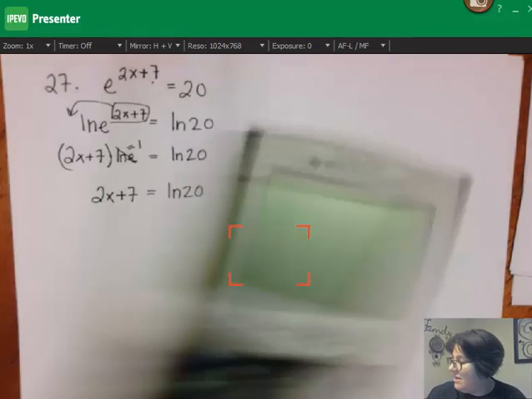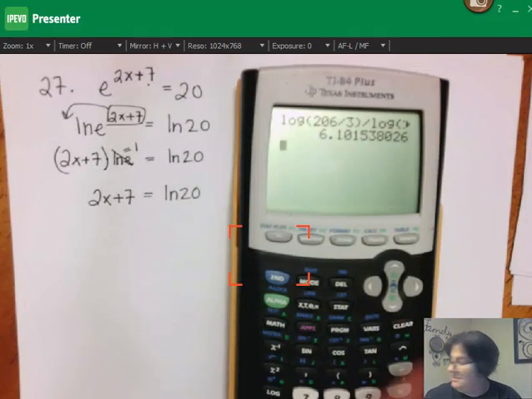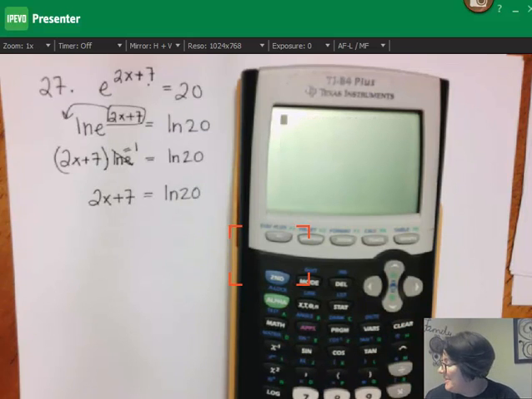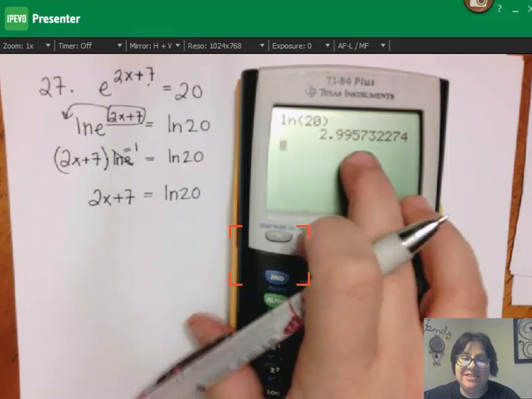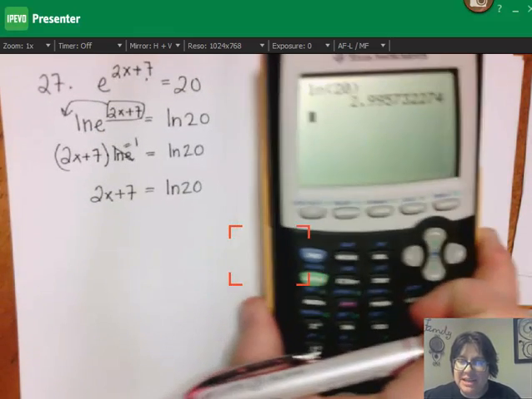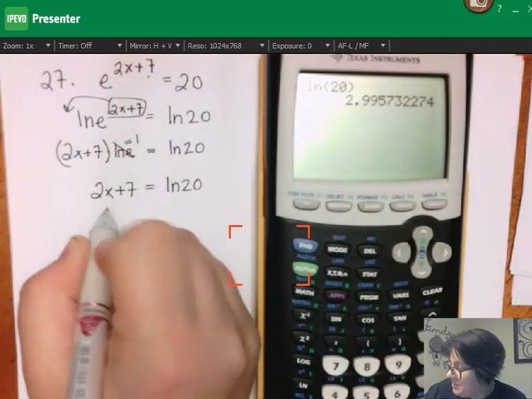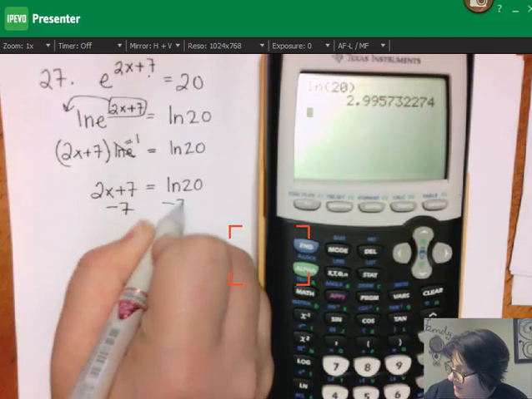All right, now here's where students and I disagree. So natural log of 20, some people might want to write that number down or call it 3. I don't really. Let's get some rounding errors. So I'm just going to leave that number. So I'm going to subtract 7. Subtract 7.